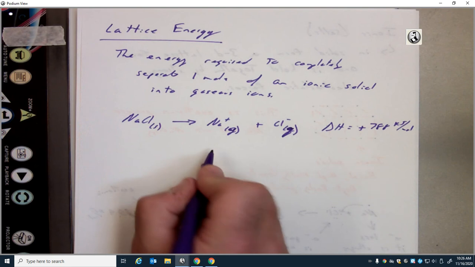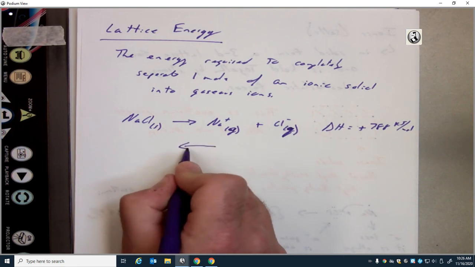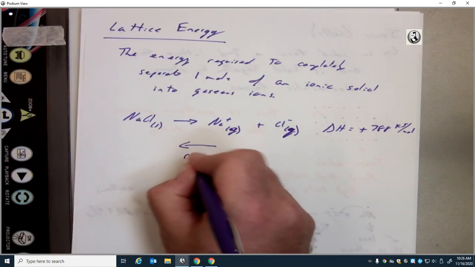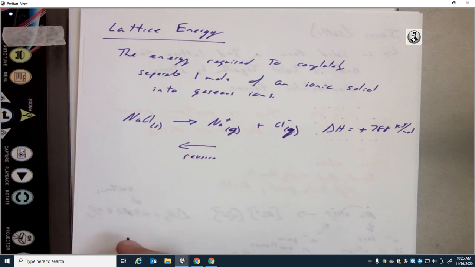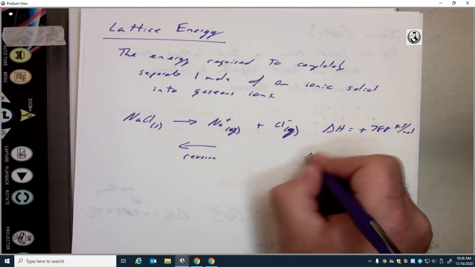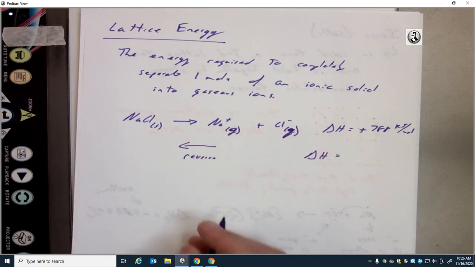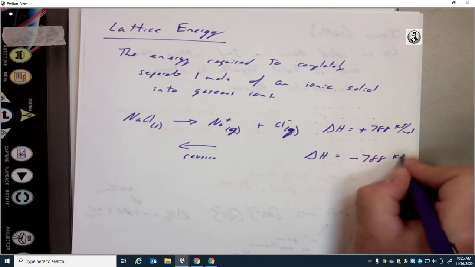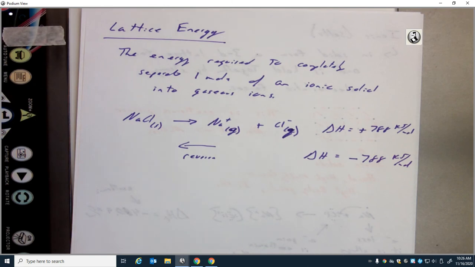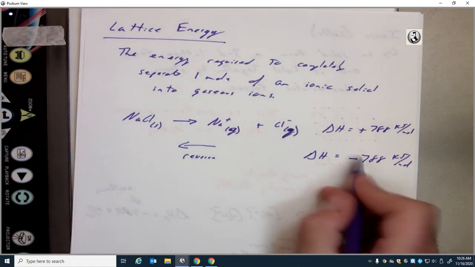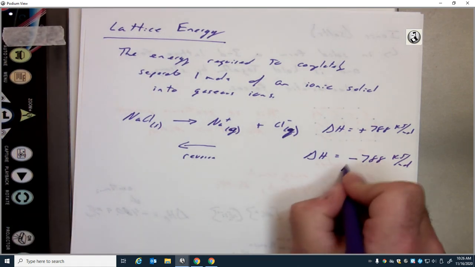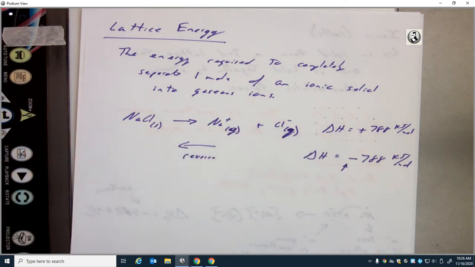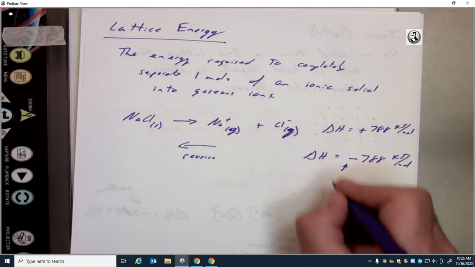Now, what if we reverse this? What does that do to the delta H? Changes the sign, keeps the magnitude. Going that way is very, very exothermic.